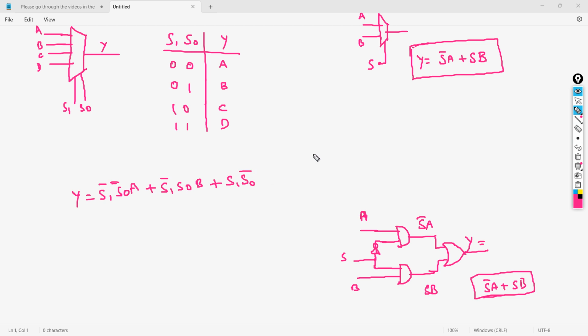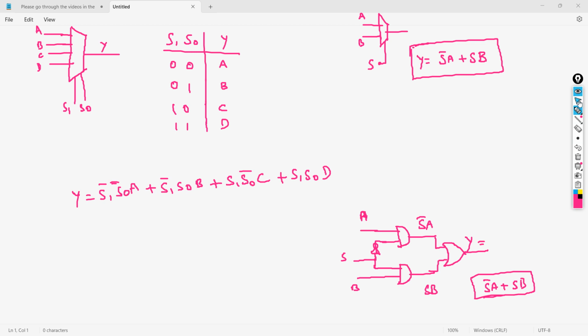This is going to be the one. Okay, so this S1 and S0 bar, and then C, and then plus S1, S0, D. So this is going to be the equation that you would probably try to solve when you write this.